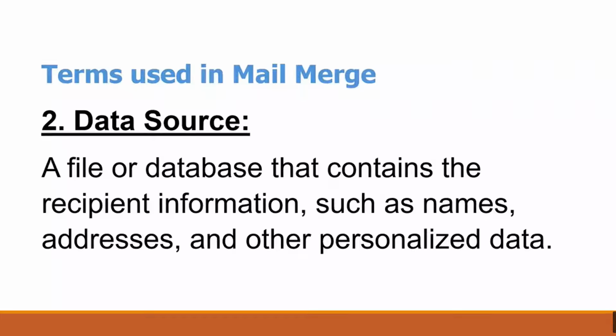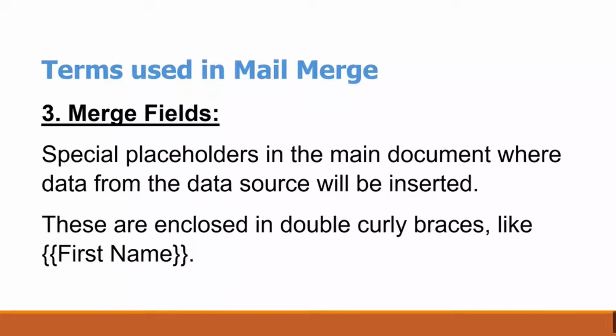Then here, we also have to understand the data source. Now, the data source is a file or a database that contains the recipient information. It could be having their name, their address, their phone contacts, and other personalized data. Then we also need to have the merge fields.